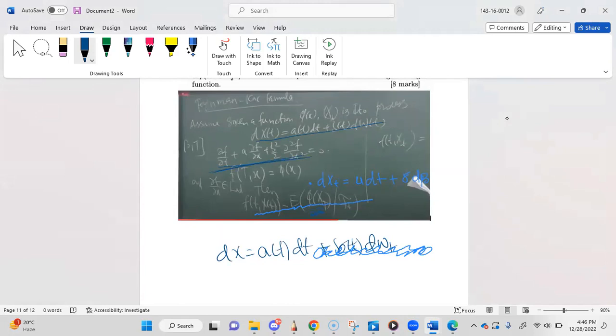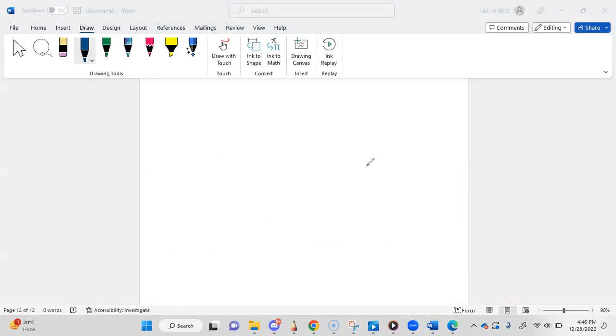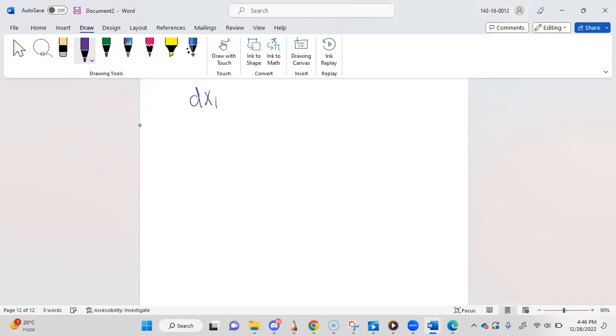I'm explaining this in my own words. Consider we have an SDE of this form, dx_t equal to a(t) dt plus b(t) dW_t.